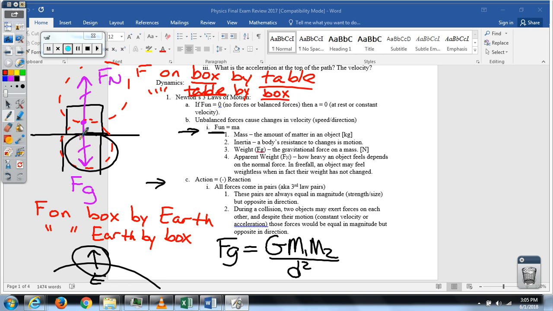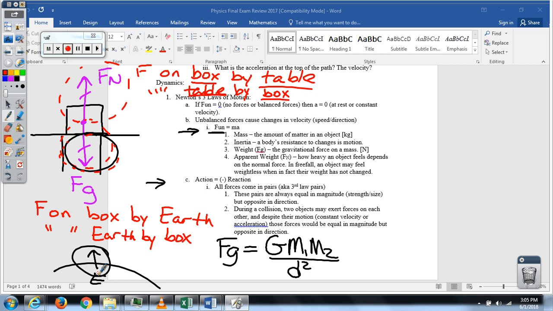Now you might have mistaken that to be gravity. Gravity looks like it's a force that's pushing into the table, but that force is describing a pull from the Earth, not a push from the table or from the box.